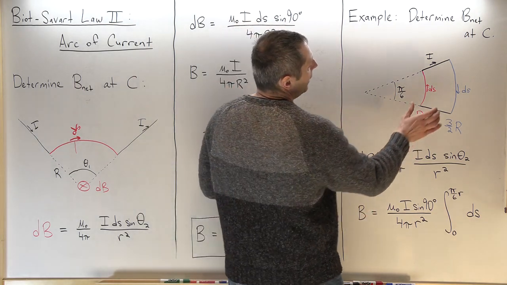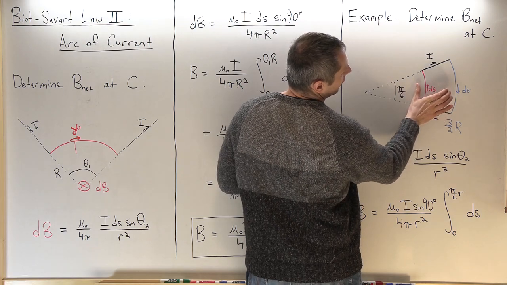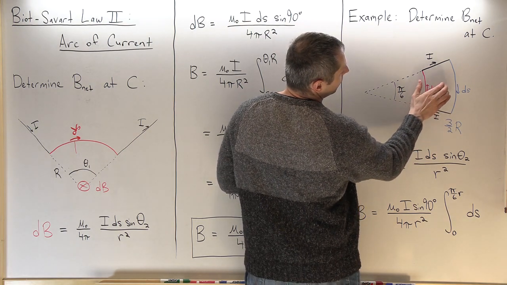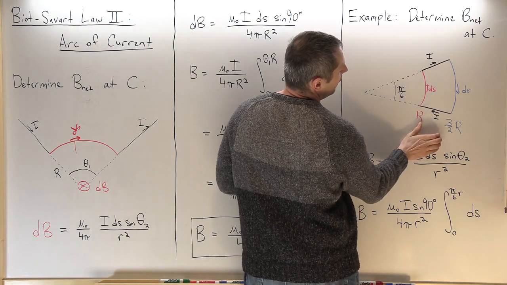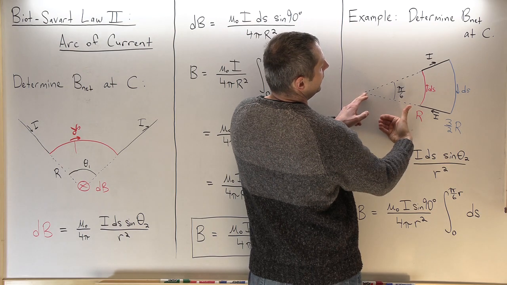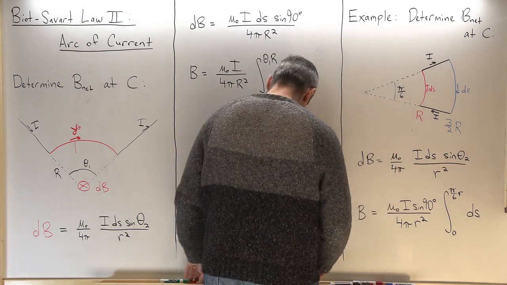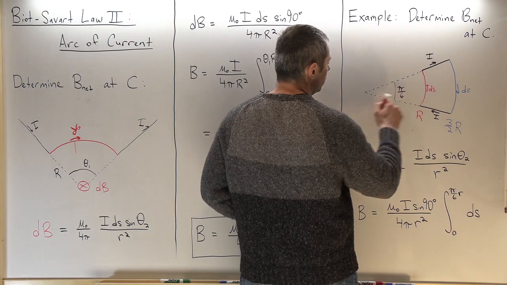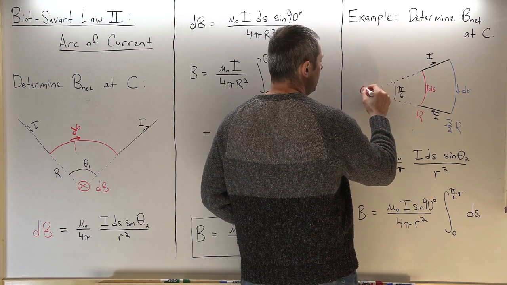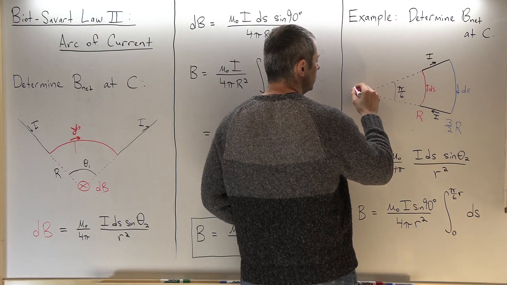So I put my thumb in the direction of this arc of current right here, and then I see my fingers go into the board over here for the magnetic field of this arc. But when I rotate them around, I see that they would come out of the board over here. So this arc over here, which I've drawn red, creates a dB coming out of the board like this.